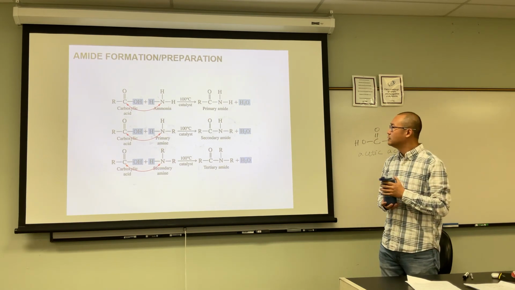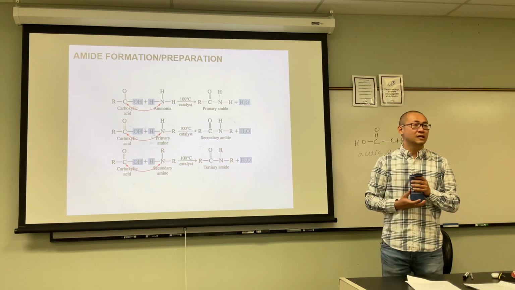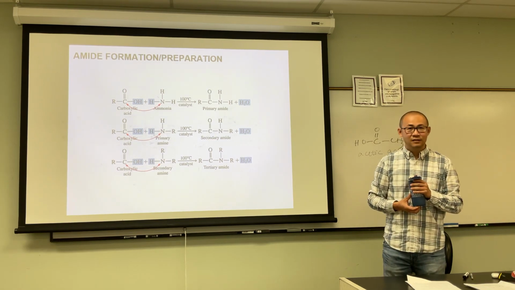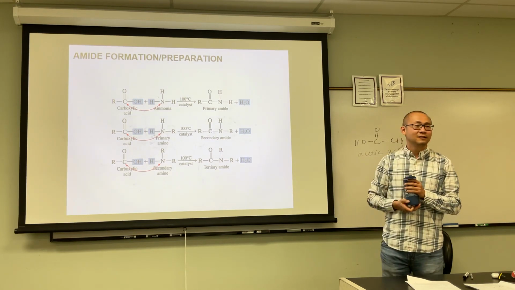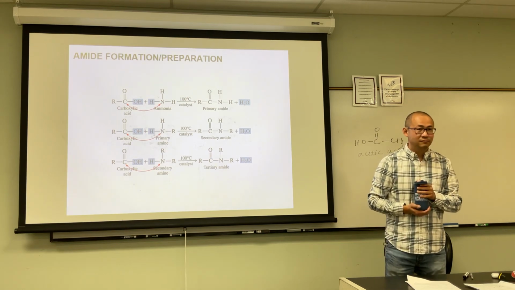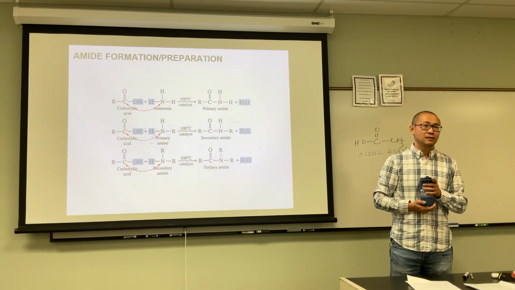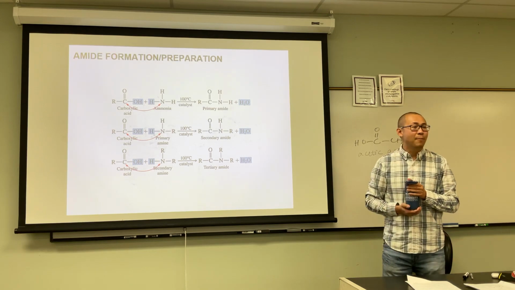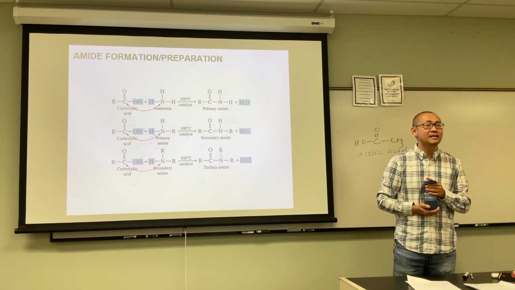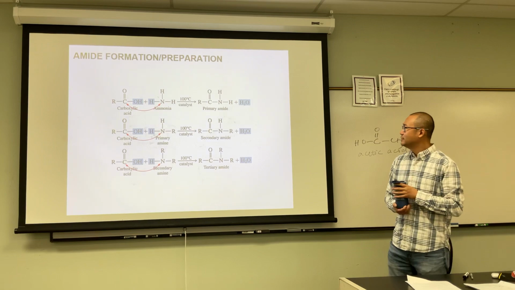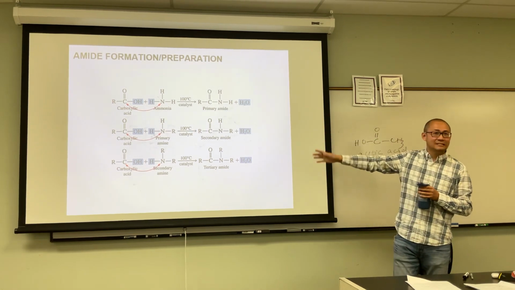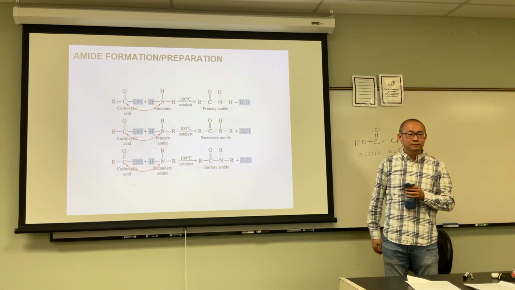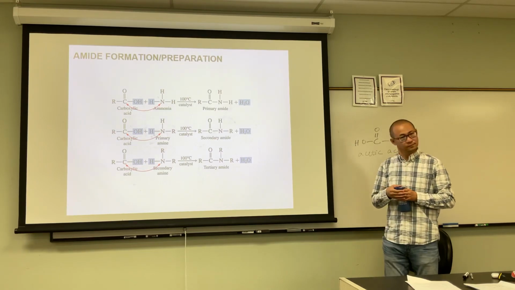Remove the OH from the acid, the H from the amine, which can be ammonia as well. Then make a bond between the C and the N. These are 3 types of amides.